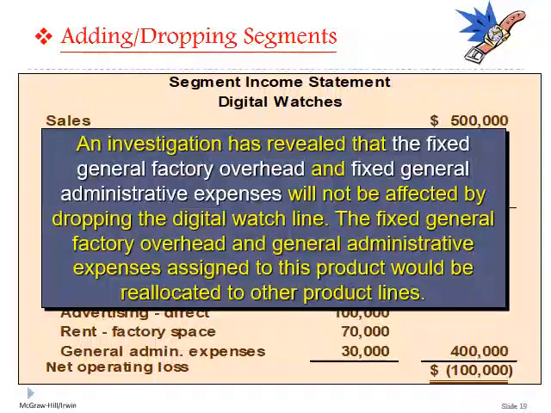Up till now I don't make the decision. To make the decision you have to get some information about the fixed expenses, because some of the fixed expenses can be avoided and the others cannot be avoided.